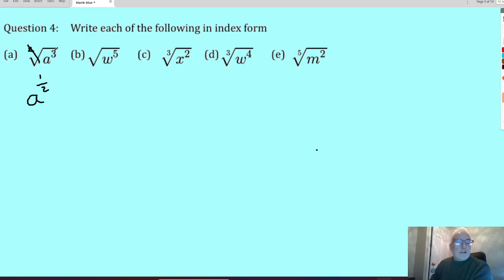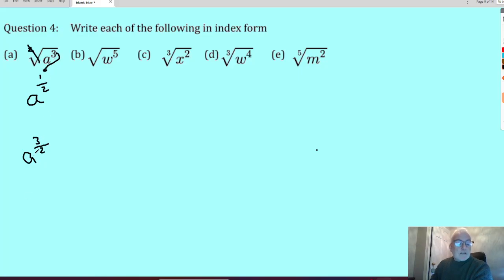Now underneath that square root, we've got a raised to the power of 3. So if we now multiply the 3 by the number on the top, which just gives me the 1, I've got a raised to 3/2.